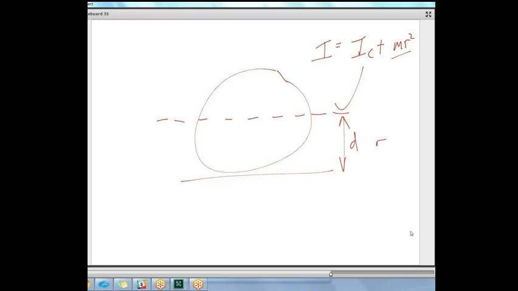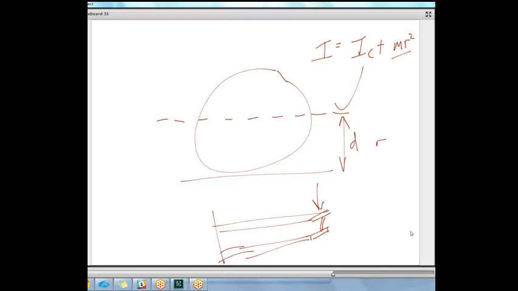So where you see this come up is in something like an I-beam. We're going to weld this I-beam to the wall, and we're going to push down on it, and it's going to deflect. And I will give you the dimensions of the beam, and I want you to tell me how difficult it is to bend this I-beam.